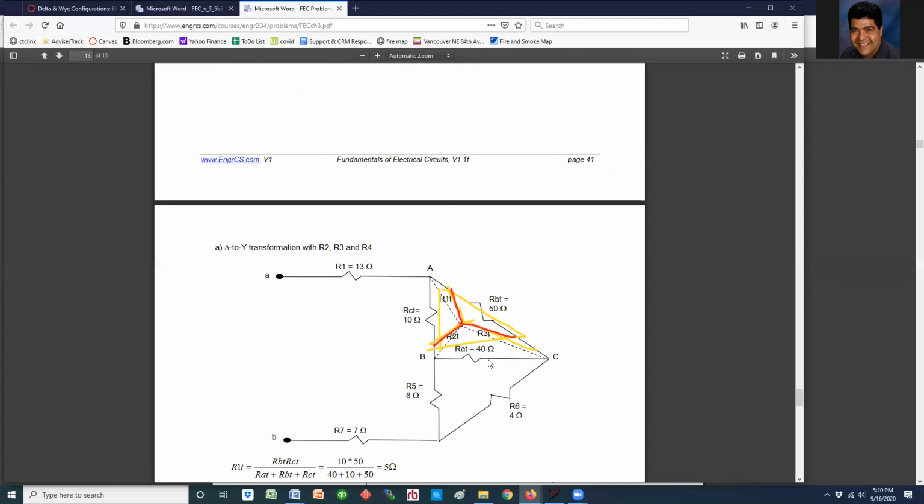So they took the delta and turned it into Y. Once they did that, they could simplify the circuit because now you've got series and parallel situations going. Most of these problems have lots of different solutions, depending on which one you want to convert and in which way. And all of them will get you to the same spot. So you can choose.